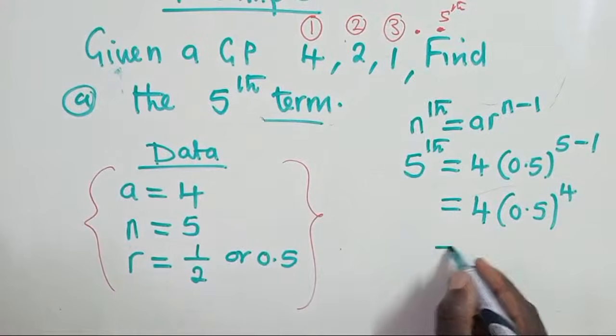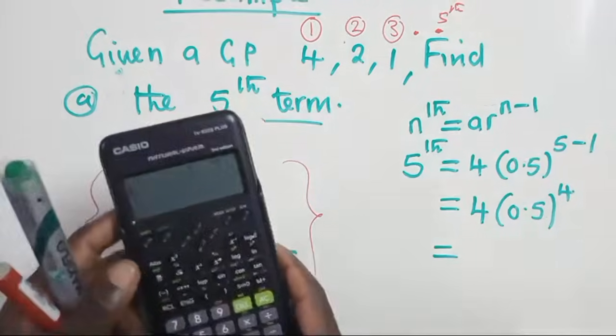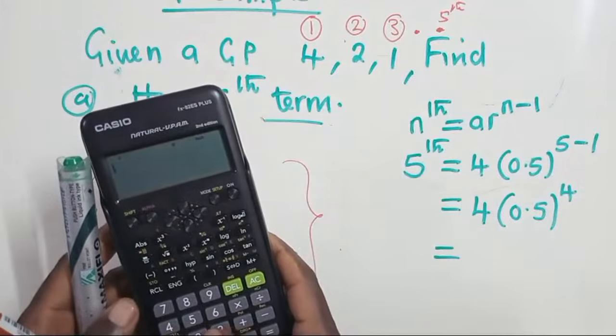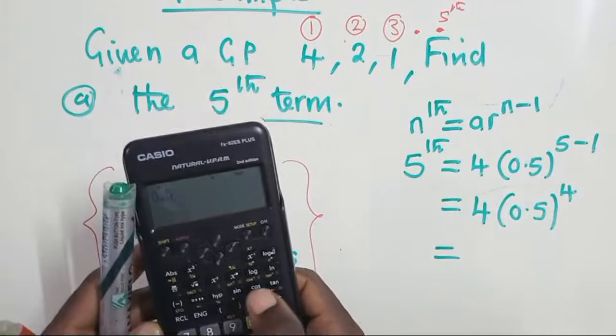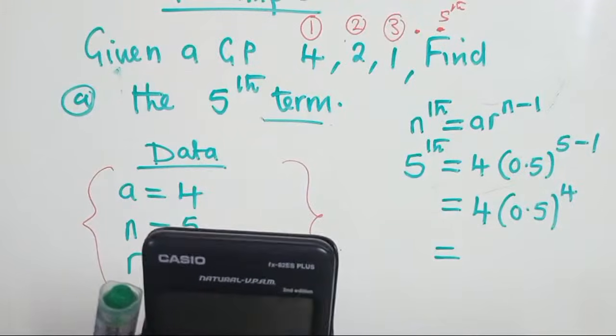Next, you just get your calculator, whichever calculator you're working with. You just say 0.5 to the power 4.